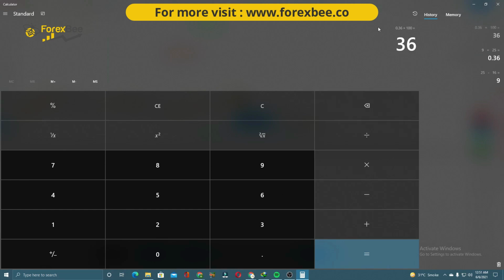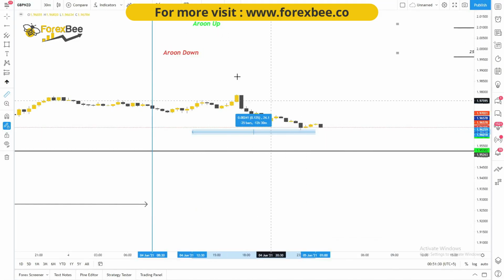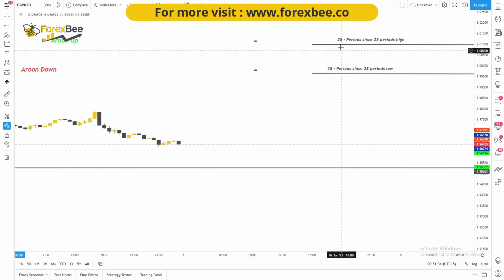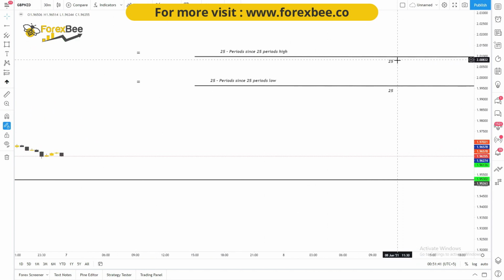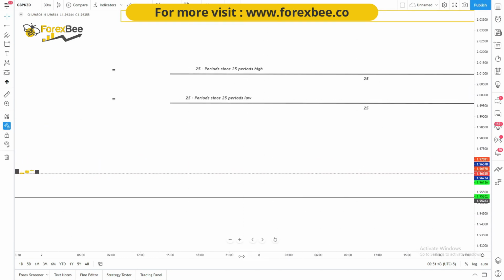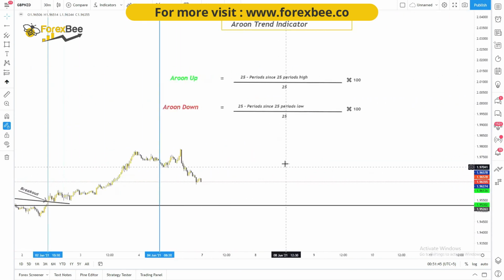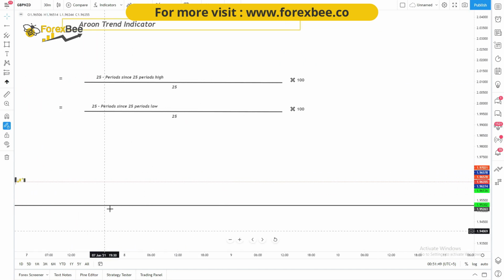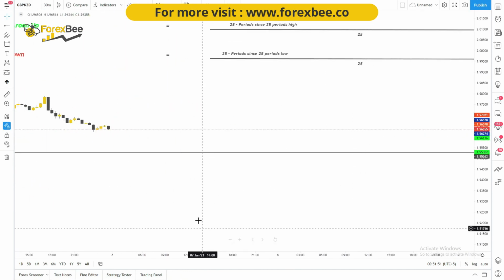So this comes out to be 36. So our Aroon Up value at this point is 36, as 25 minus the period since the 25 period high, that was our 16, then divided by 25 and multiplied by 100.